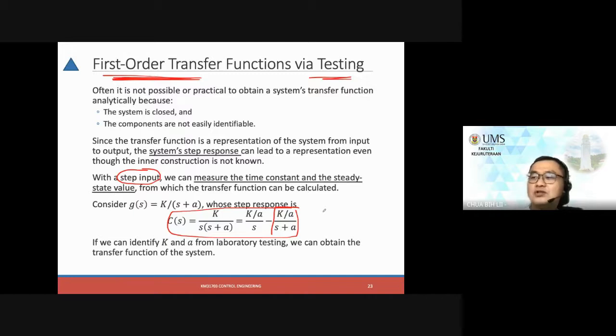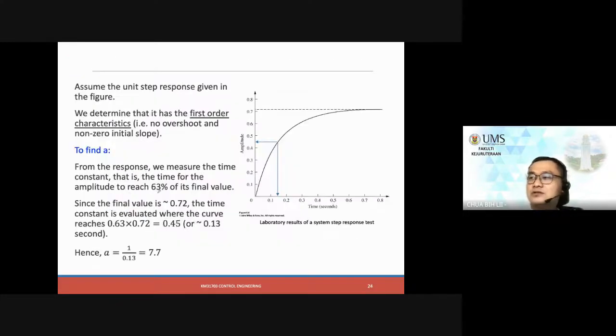What you need to do is measure the time constant and the steady state value. After you do a test, you check the steady state value, which probably is roughly 0.72, and then 63% of it is roughly 0.45.